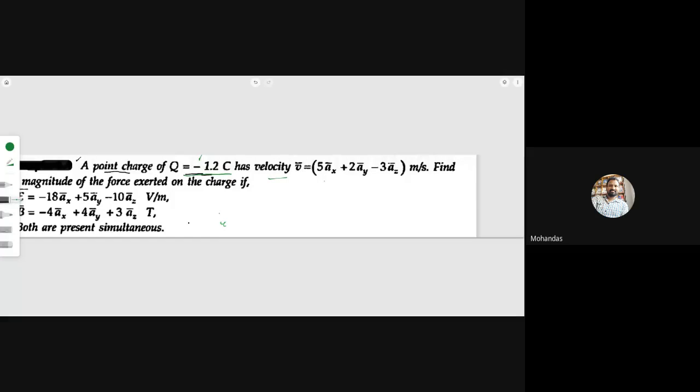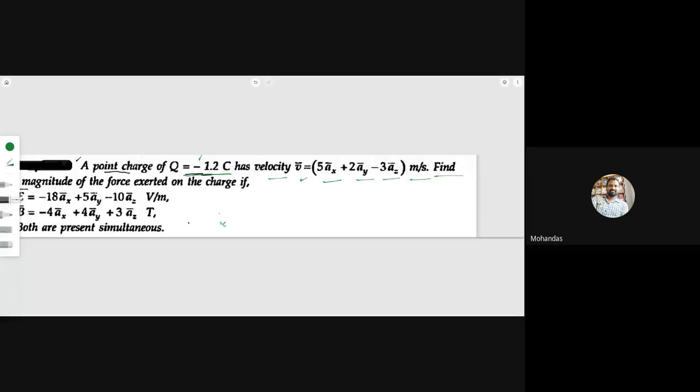That means the point charge of 1.2 coulomb is moving with a velocity V, and the velocity is a vector quantity, given in terms of Ax, Ay, Az. The unit vectors Ax, Ay, Az mean the problem is given in the Cartesian coordinate system. Now find the magnitude of the force.